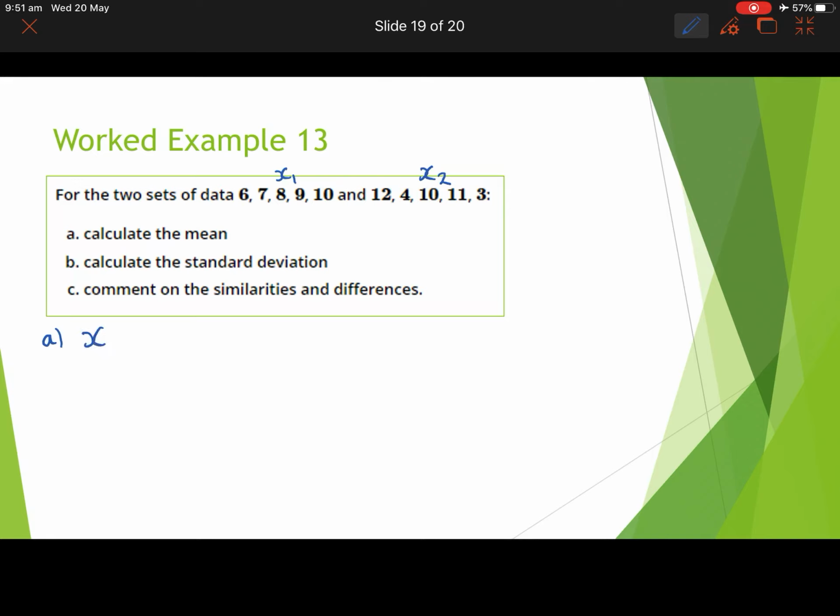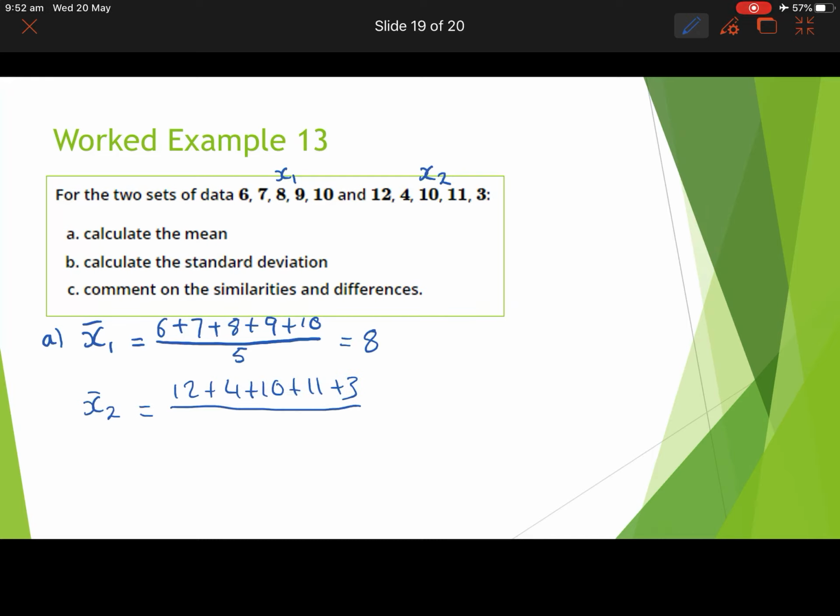The mean, which we denote with x with a little hat on top, for the first set: we add up all our numbers, 6 plus 7 plus 8 plus 9 plus 10, and divide by how many numbers we have, which is 5. You should get 8 when you do that. Then we find the mean of our second set of data. We add up all these numbers and divide by how many we have, which is 5 again, and again you should get 8.